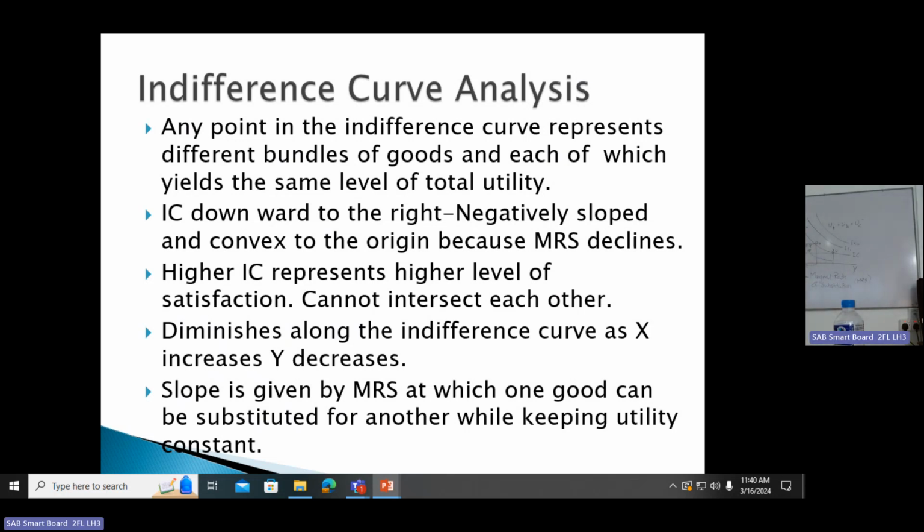For example, we take two indifference curves, IC1 and IC2, with a common point A, and B and C are two other points. Can they intersect? Intersection means a common point. No, there cannot be common points.